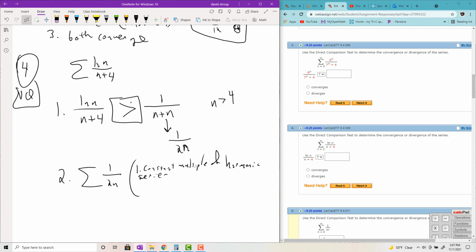For the harmonic series, you don't have to say much. You should say it's divergent. Something like the harmonic series diverges. You don't have to say it's a p series with p equals 1 and therefore divergent. It's just automatically the harmonic series diverges. So therefore, this series diverges.